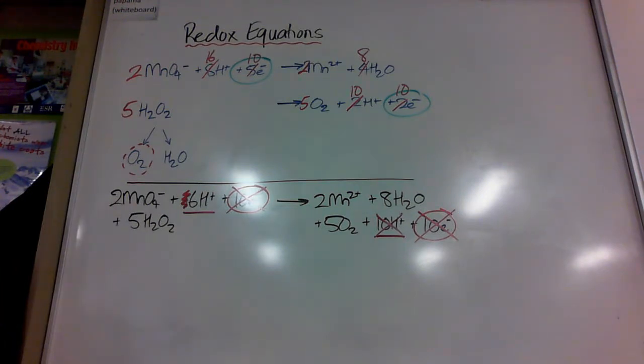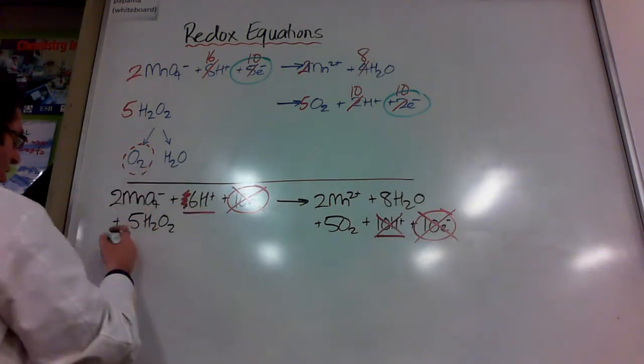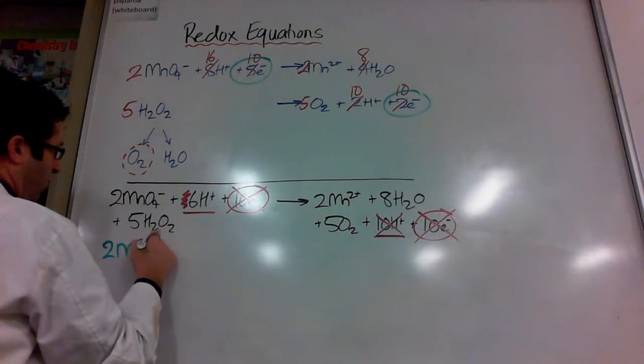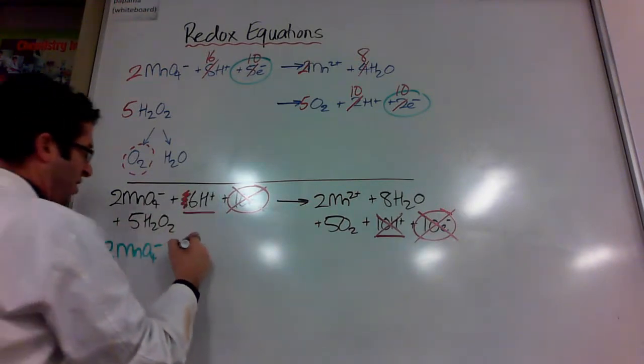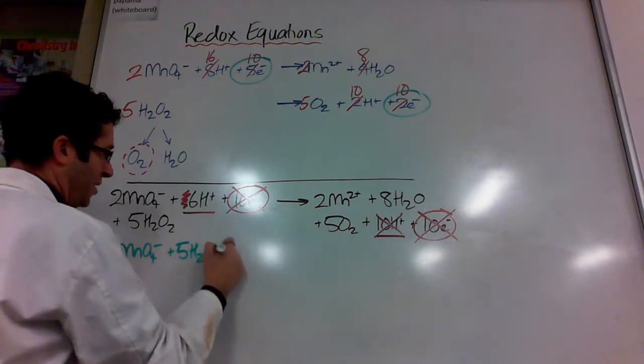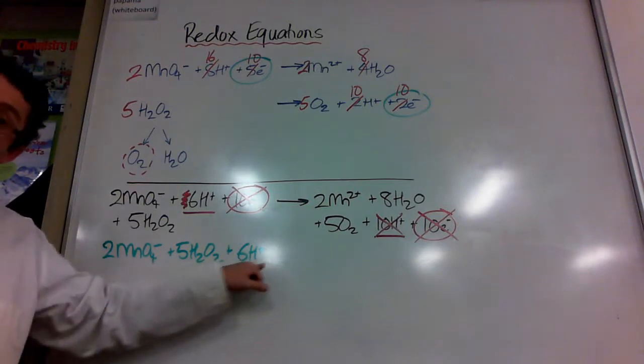All right? So then I rewrite it again, this time without the things I've scribbled out. 2 MnO4 negative plus, I'm actually going to put the other reagent there, it's just my habit, plus 6 H plus. So this is why I needed to have the sulfuric acid in there.